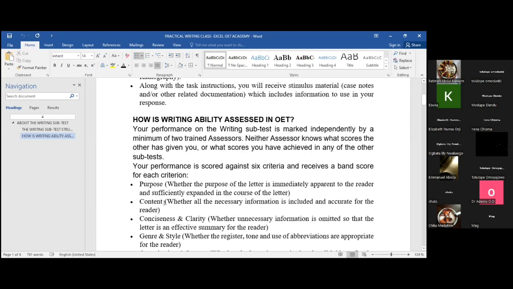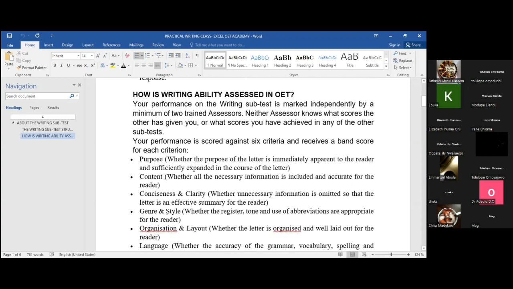It means you're not writing enough information from the case notes. If you're writing too much, for example, someone is writing 340 words, 350 words, it means that you're not concise enough and you're not clear enough, meaning that you're adding irrelevant or unnecessary information. And that's why that guide of 180 to 200 is being given.